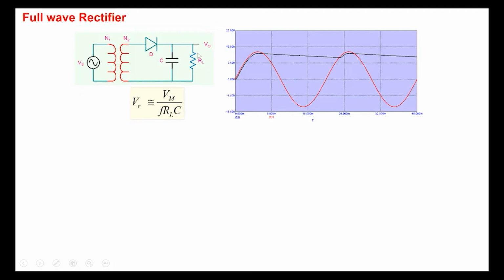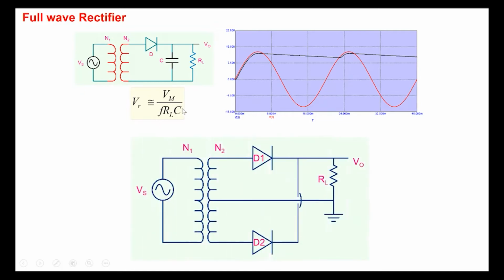Since Vm is fixed by the application, frequency is fixed by the input, and RL may also be fixed by the application, the only choice that we are left with is the capacitor. To obtain a particular value of ripple voltage, we have to choose an appropriate value of capacitor. And to reduce the ripple to a very small value, we'll have to increase the capacitor to a very large value.